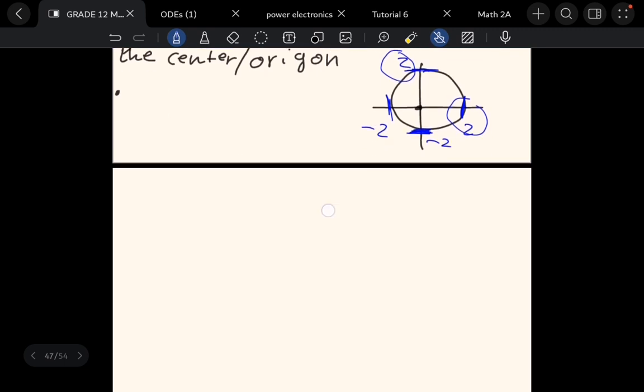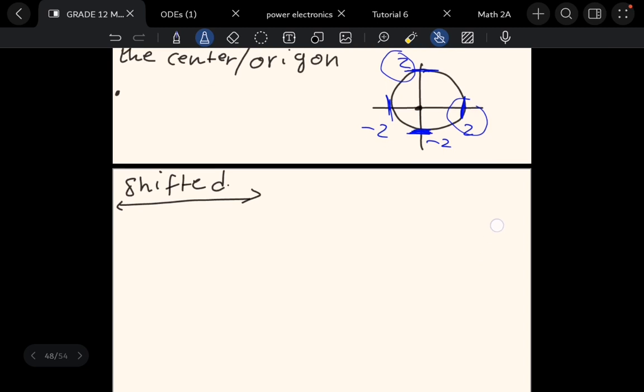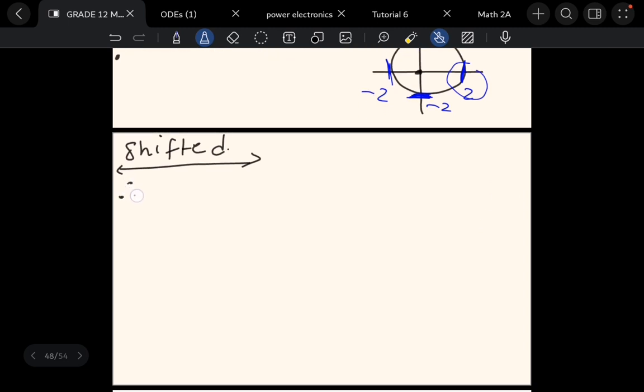Now, with what you know now, shifted. When the equation of a cycle is shifted, which means it's no longer centered at the origin, the equation is given by x minus a squared plus y minus b squared is equals to r squared.